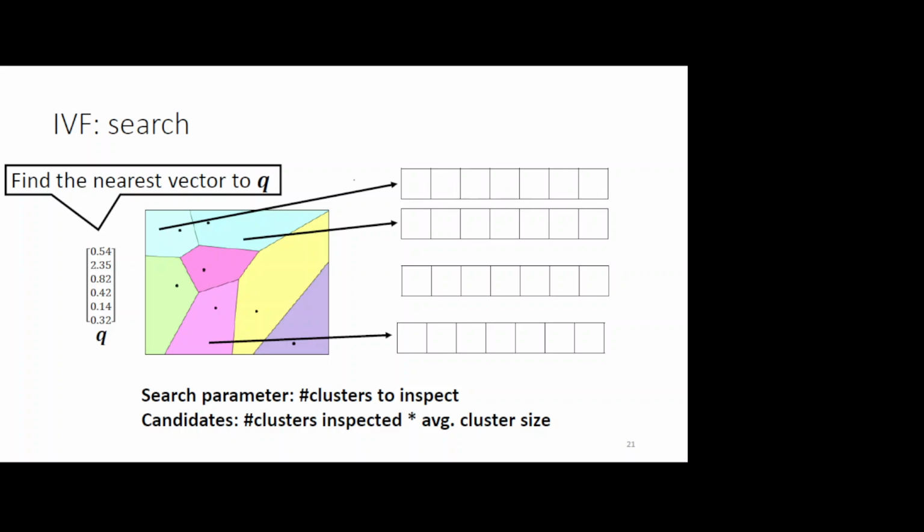So if you want to increase your accuracy, you should perform a beam search. This means you should inspect more clusters. So maybe you should check this one and this one also. Maybe you check the 3 closest centroids as your candidates, and check their inverted files. Again, it can help you to increase your accuracy.